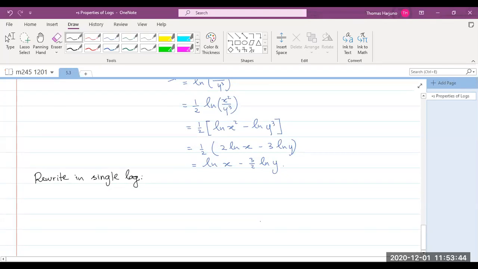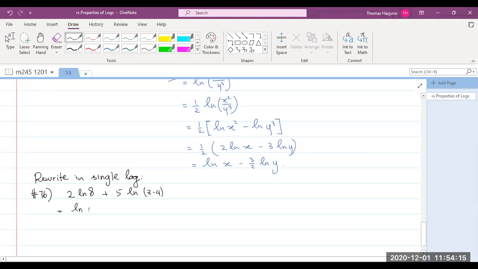Okay, let's say, for example, we have question number 76. We have 2 natural log of 8 plus 5 natural log of z minus 4. If I play it slowly, I hope you can be patient.